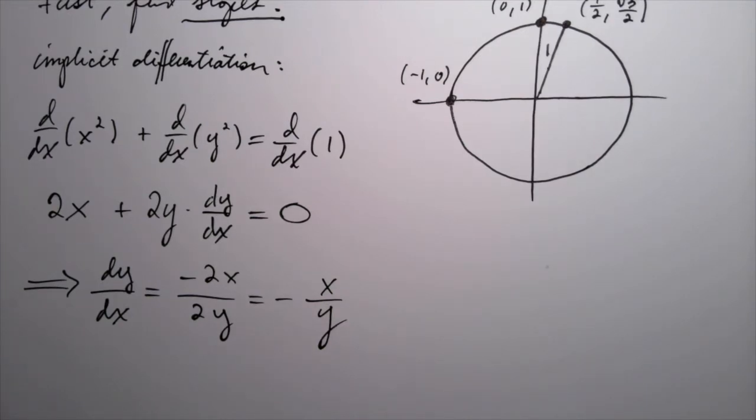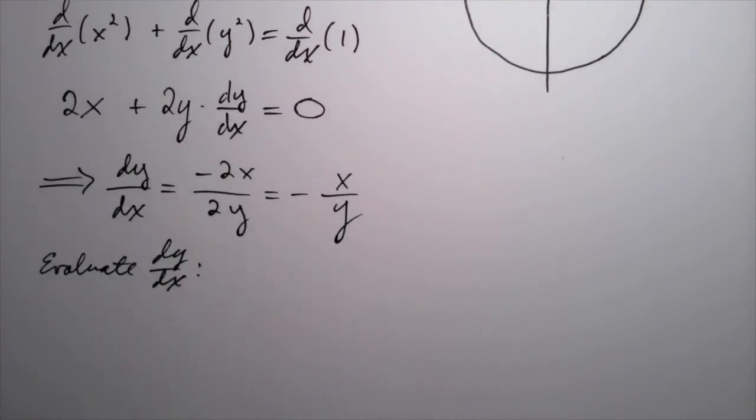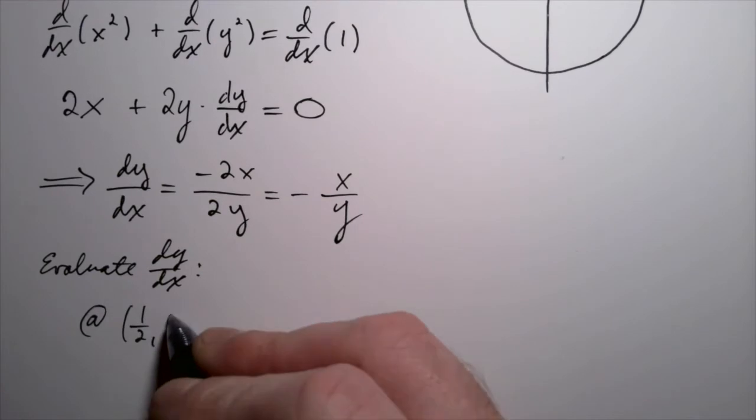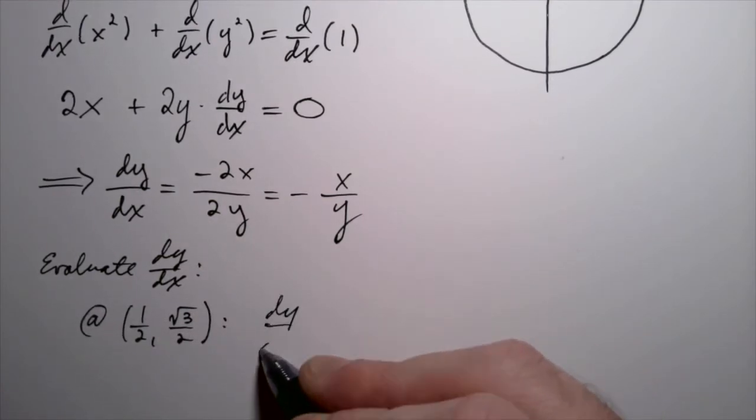Okay, and now to find the slopes at these points, we just need to evaluate at those 3 coordinates. So let's evaluate the derivative to find the slope of the tangent line. First, we're going to evaluate at 1/2, root 3 over 2. What do we get then?